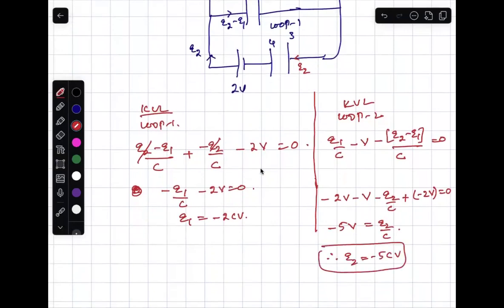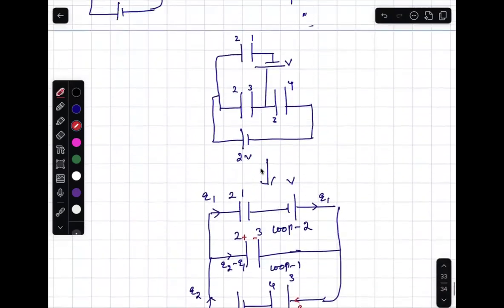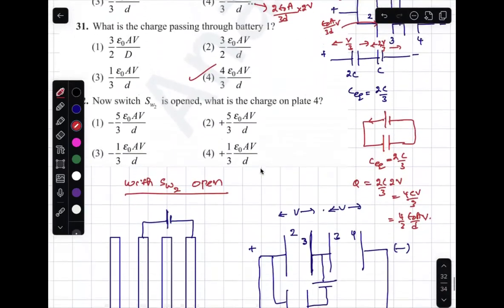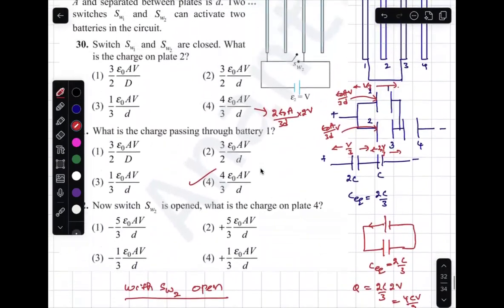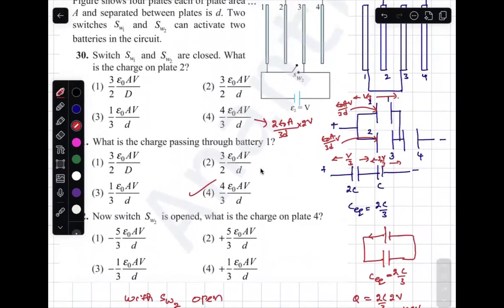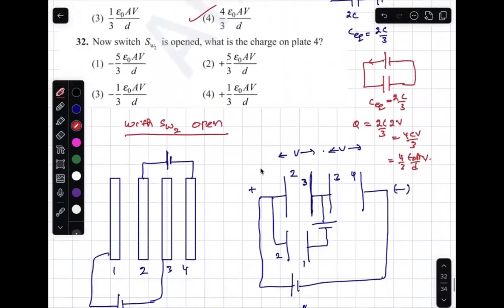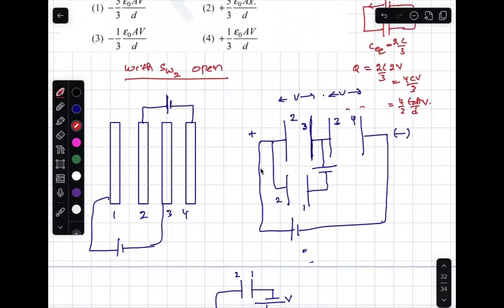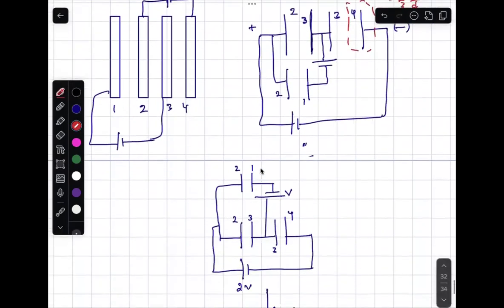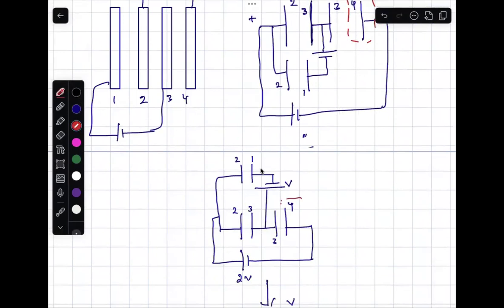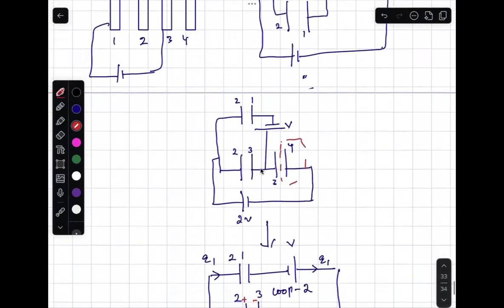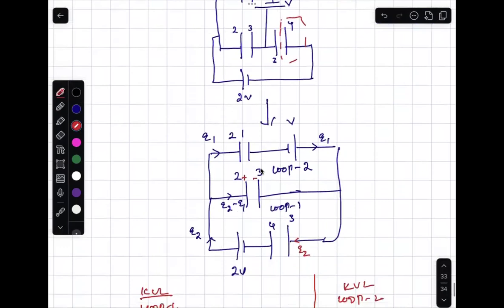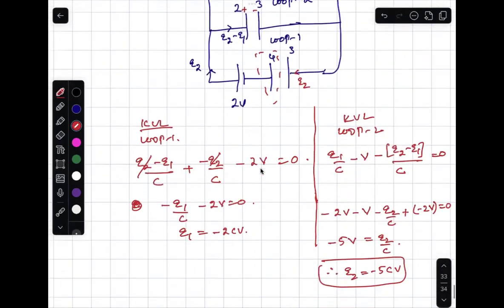Hey, who asked for all this now? What they actually asked you in the question is the charge on plate 4. Where is plate 4, by the way? Plate 4 is this plate. What is the charge on plate 4? Plate 4, the charge is minus Q2 actually.